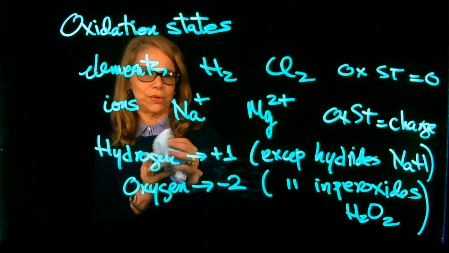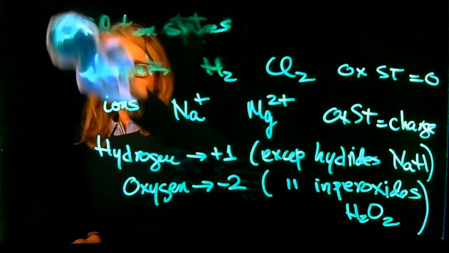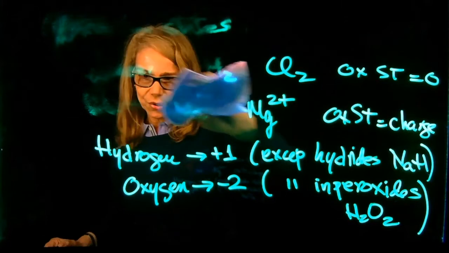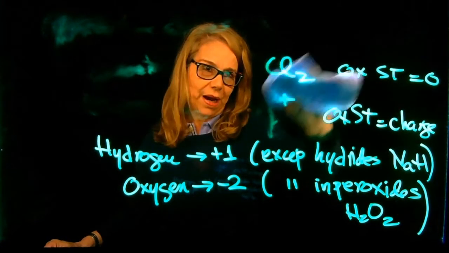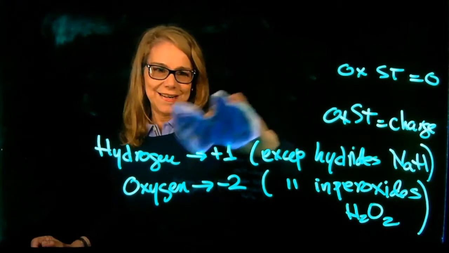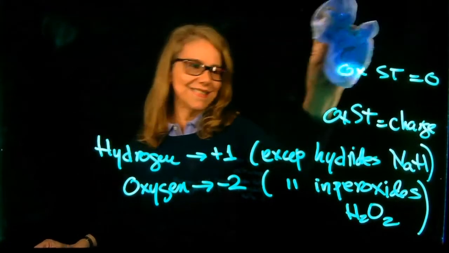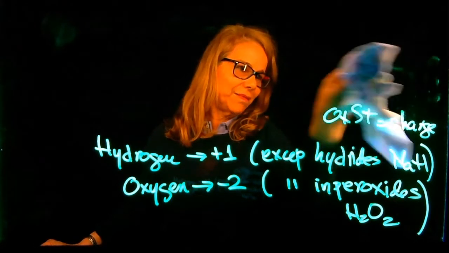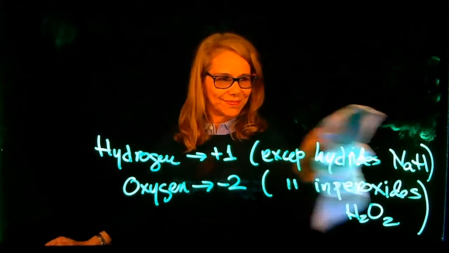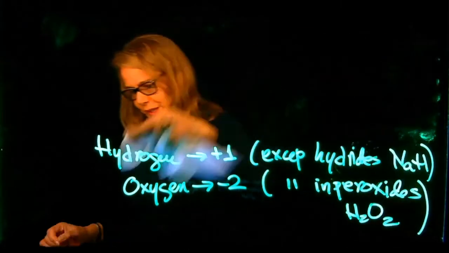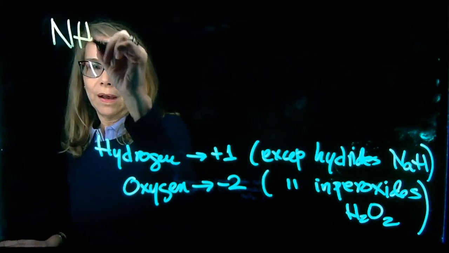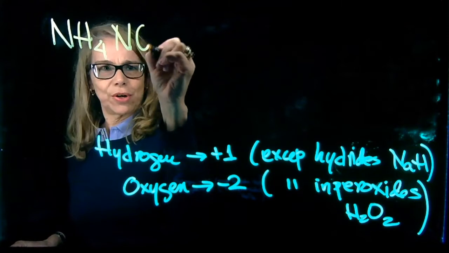I am going to erase this a little bit to work with a few examples that contain more than one atom, so not just simple ions. Let's say that we have ammonium nitrate.